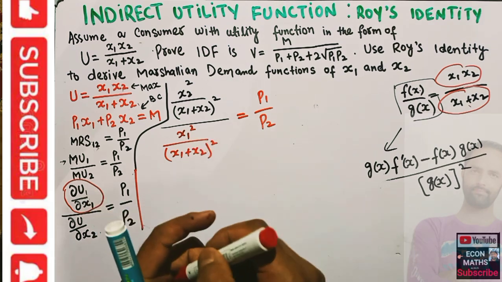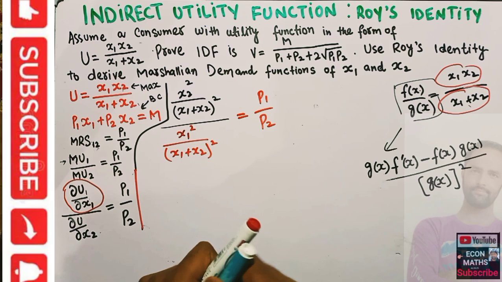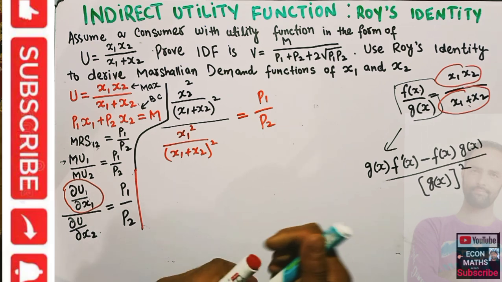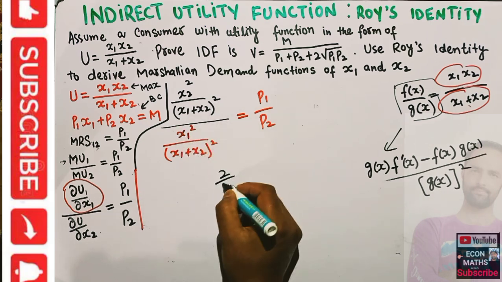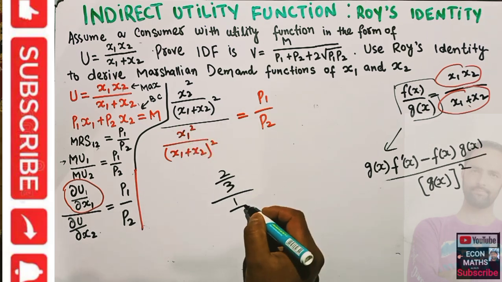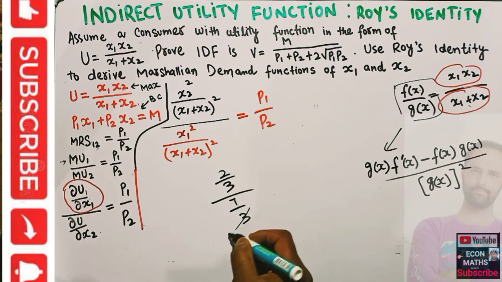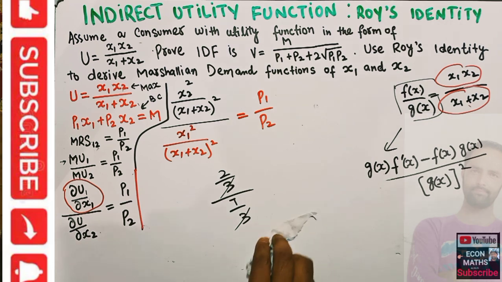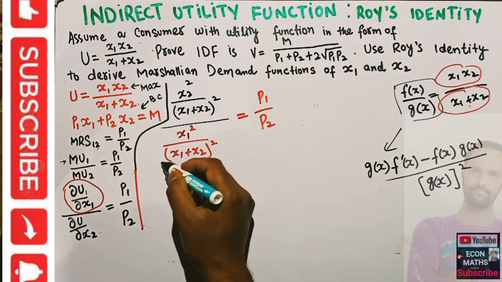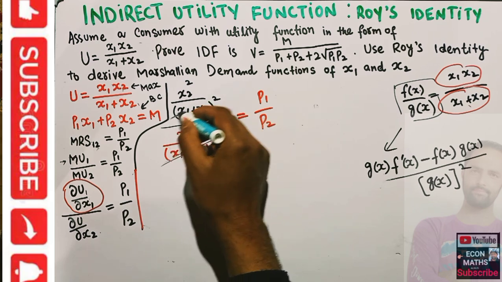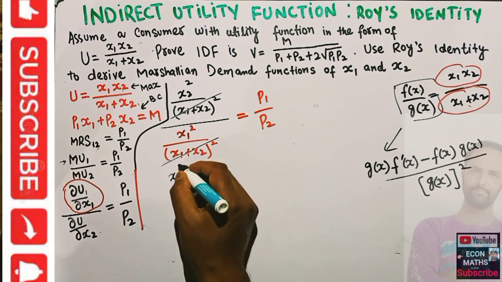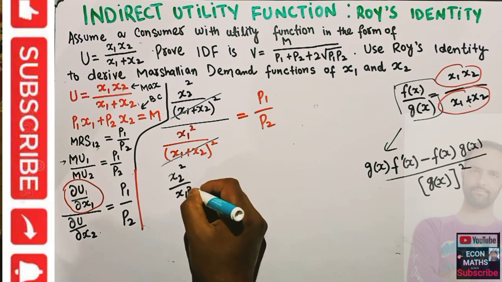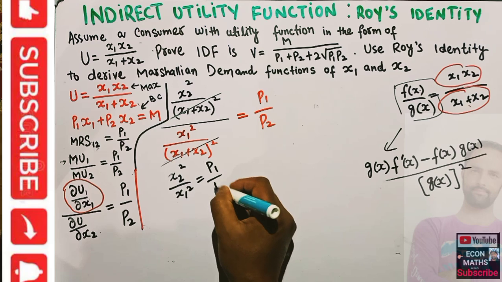Here we can do one thing, we can rearrange this, or simply we can just cancel these two terms. If we are being given 2 upon 3 divided by 7 upon 3, we can always cancel these two denominators. So here I can cancel this stuff and this stuff, so I will be left with x2 square upon x1 square is equal to p1 upon p2.